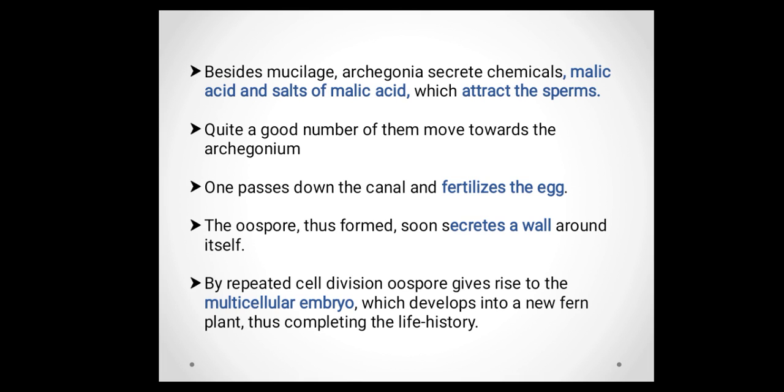After attraction, the sperm moves towards and fertilizes the egg. The result is called the oospore, which secretes a wall around itself. By repeated cell division, the oospore gives rise to a multicellular embryo, which develops into a new fern plant, thus completing its life cycle.